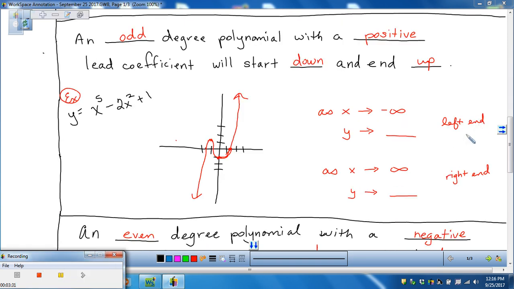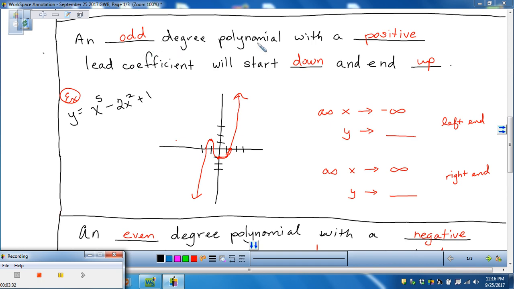Okay, second example. An odd degree polynomial with a positive lead coefficient will start down and end up. So in this particular example, y is equal to x to the fifth, take away 2x squared plus 1. You'll notice that my biggest degree exponent is a 5, which is an odd number.